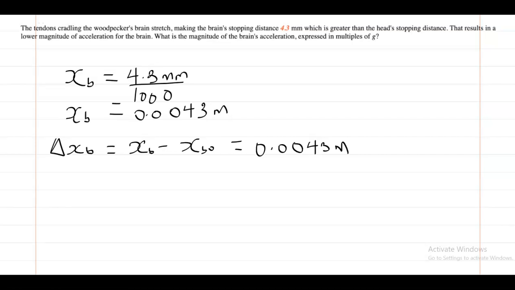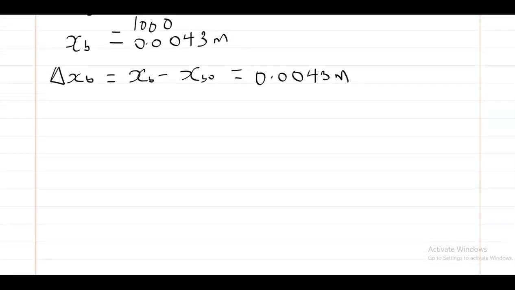What's the magnitude of the brain's acceleration? Now we need to find its magnitude there. So we can use the same formula we used to find the magnitude of acceleration for the head, which is v squared equals v naught squared plus 2 times a times change in position.